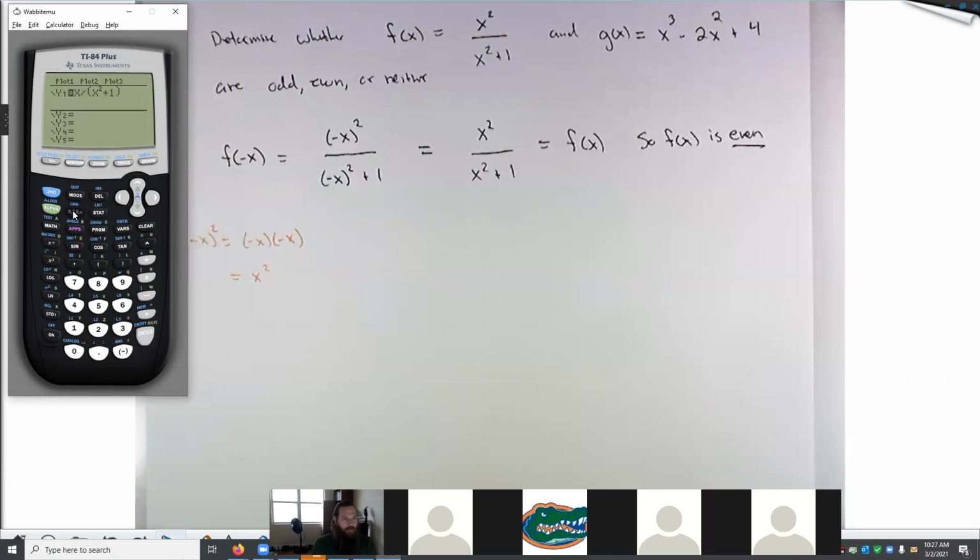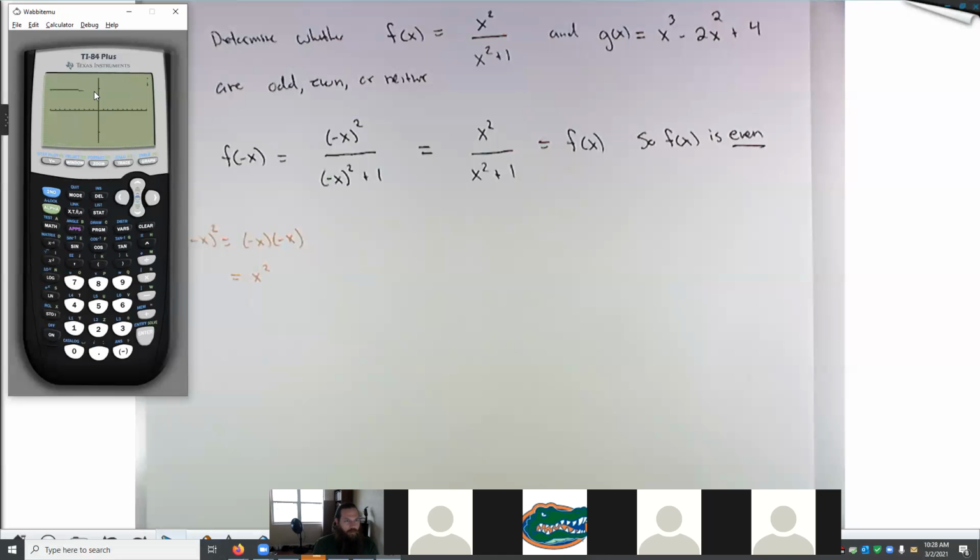If I change this x to an x squared, and divide by parentheses x squared plus 1, like this.